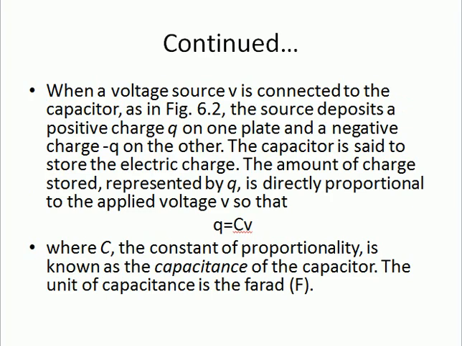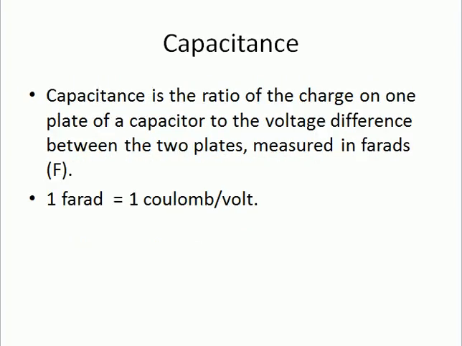As we have seen, Q is equal to CV, and from here we get C is equal to Q over V. The unit for Q is coulomb and the unit for V is volt. That's why we have written 1 farad is equal to 1 coulomb over 1 volt.